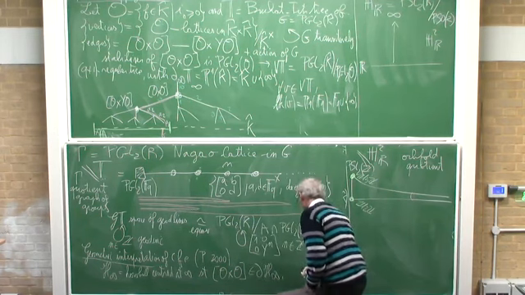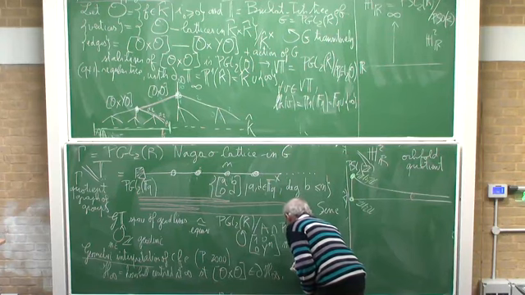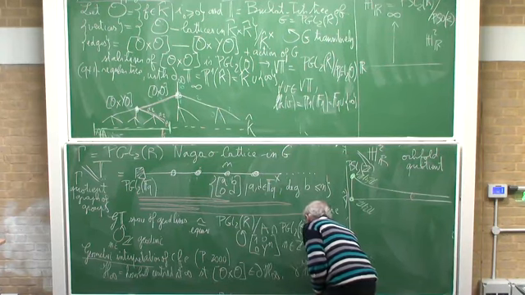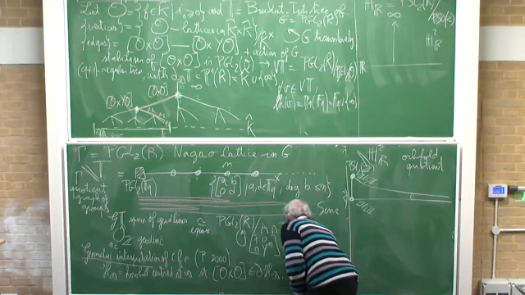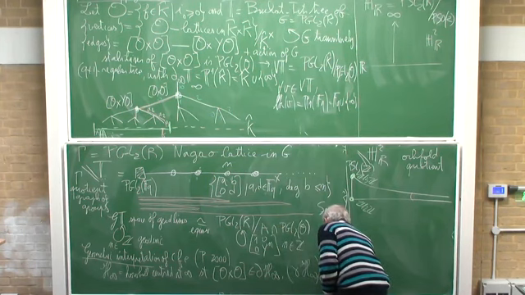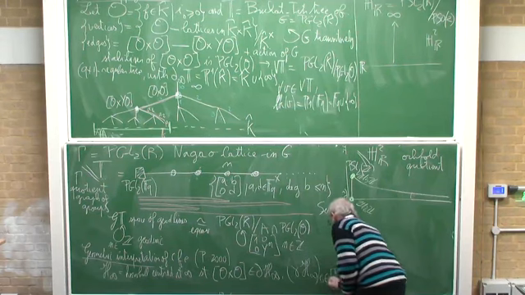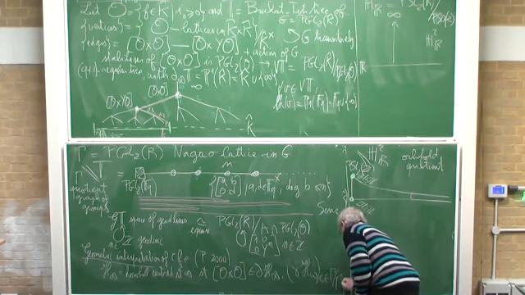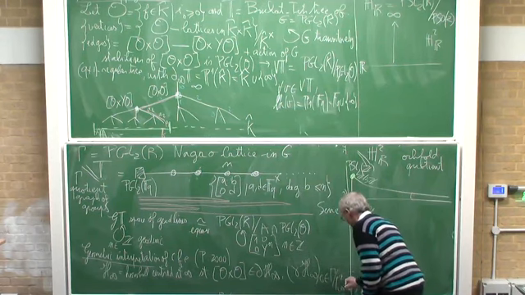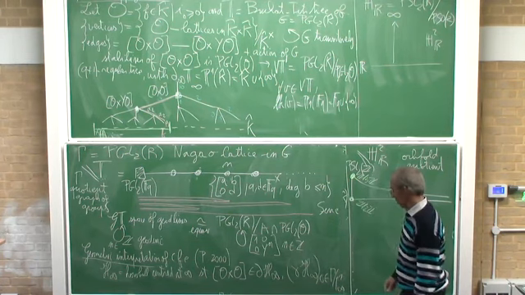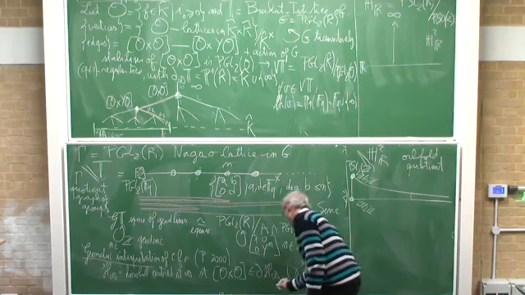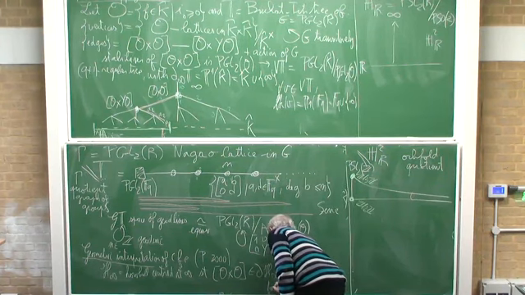I'm going to consider the family of horoballs gamma H infinity, where gamma varies in my lattice gamma, modulo the stabilizer of the point infinity, which is also the stabilizer of the horoball. So this is a nice family of horoballs.